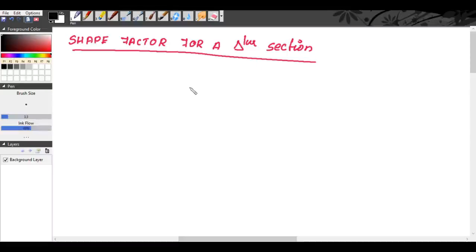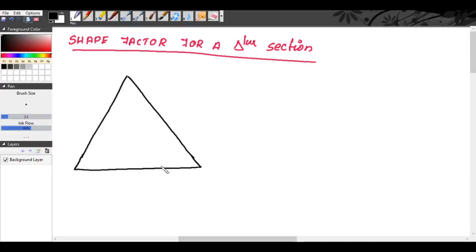So for the shape factor for a triangular section, first of all, we will consider a triangle of breadth B and depth D. We know the neutral axis for a triangle lies somewhere here, right?